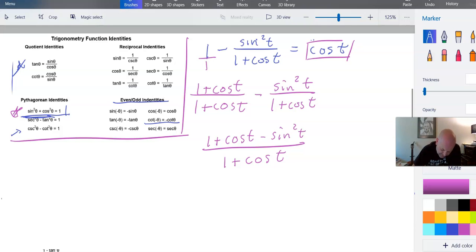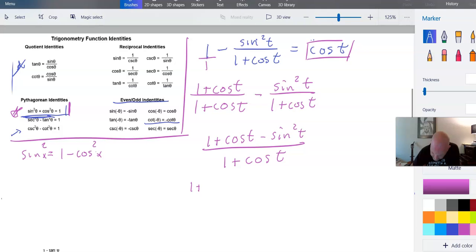What I'm going to use is this same identity once again, the Pythagorean identity. So the Pythagorean identity tells me that sine squared t can be written as 1 minus cosine squared t. Oh, I wrote x and then I wrote t, right? Okay, so if that is the case, then I can substitute that in here.